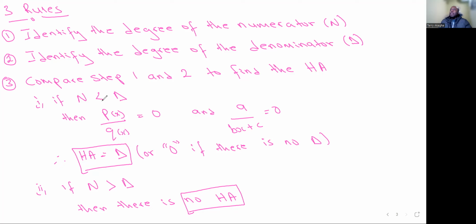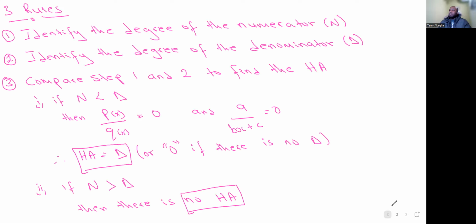Now, we talked about less than, we talked about greater than. The third one that you need to keep in mind is when it's equal. So if the degree of the numerator is equal to the degree of the denominator, the value of the degree of the numerator is the same as the value of the degree of the denominator.